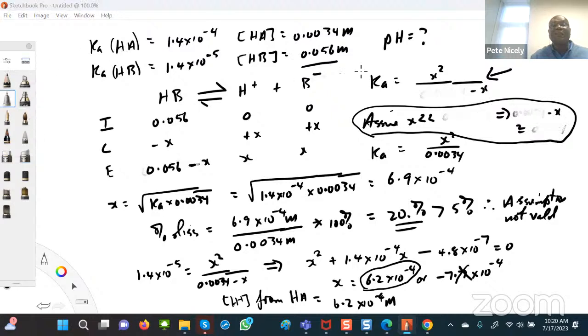In each of these cases, I'm going to replace it with 0.056 minus x. This will be 0.056, and this will be 0.056, and this would be 0.056.